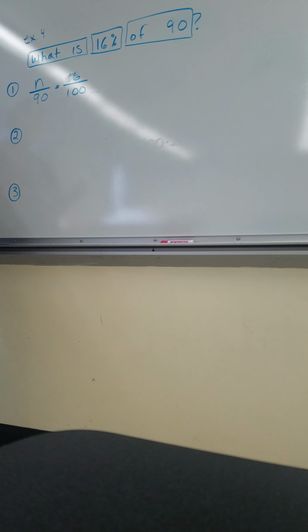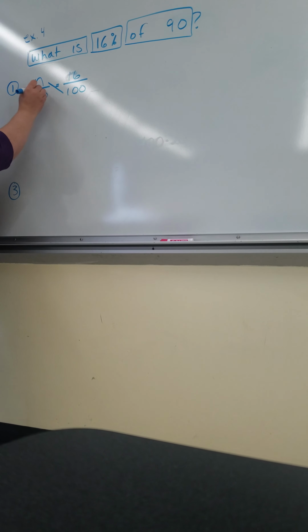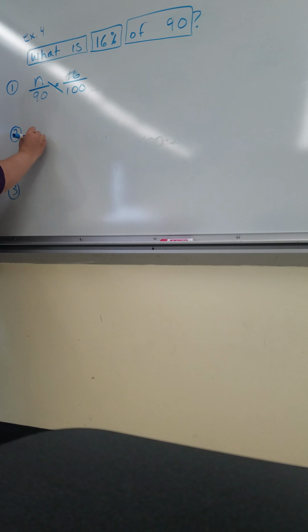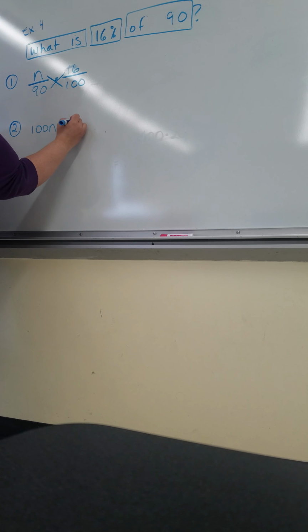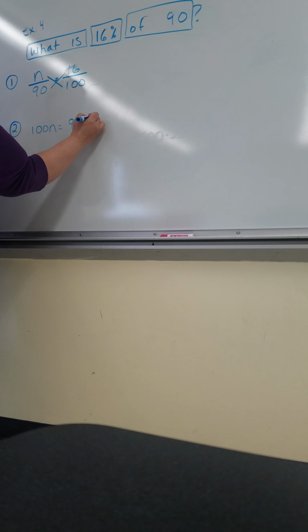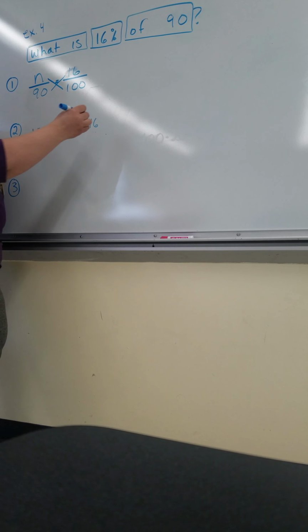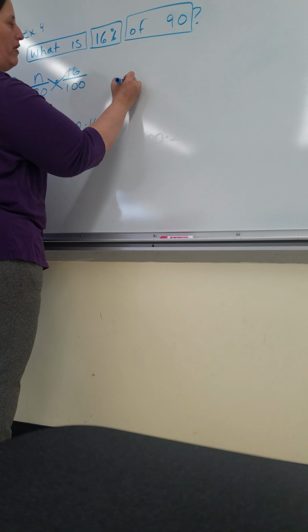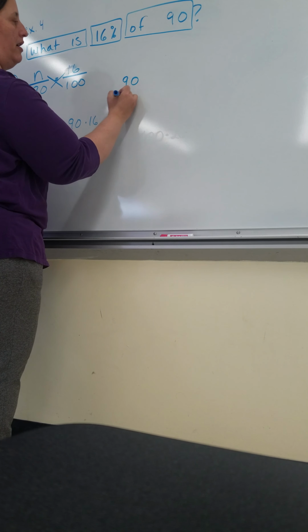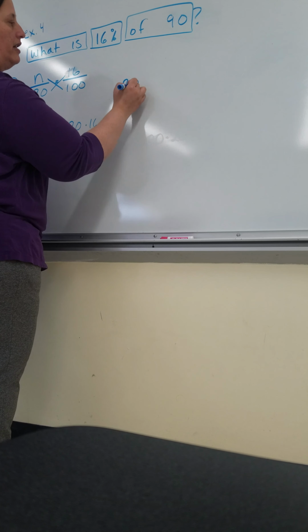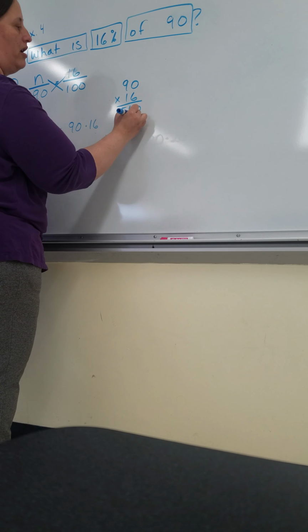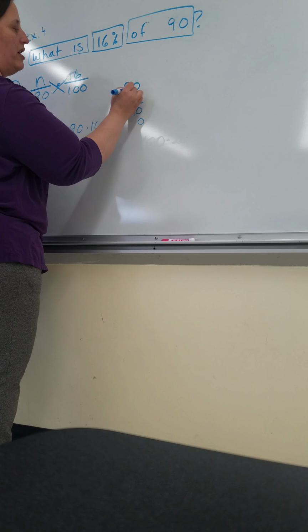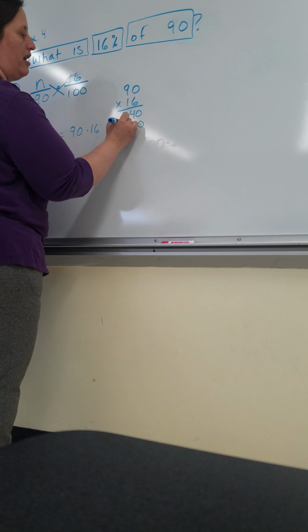Step 2, cross multiply. N times 100 is 100n equals, well, we got to figure out what 90 times 16 is. 90 times 16. So I don't know what that is off the top of my head, so we'll do it off on the side. 6 times 0 is 0, 6 times 9 is 54. Put our space holder, 1 times anything is that thing.